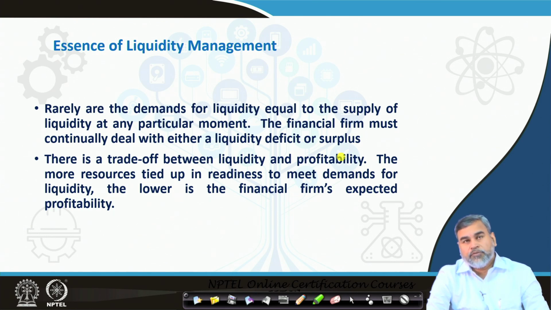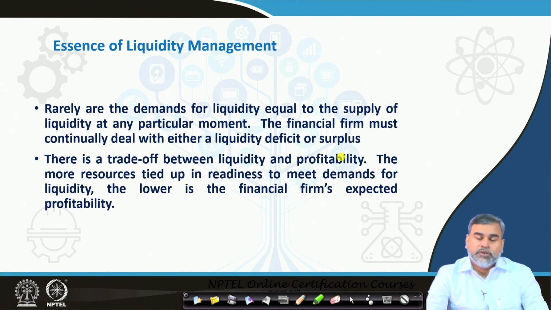At any point of time, it is very rarely you will observe that the demand for liquid funds is equal to the supply of liquid funds. That means either there is a deficit or there is a surplus. Either the demand is more or the supply is more, depending upon the conditions, the banks, and many other peripheral factors.